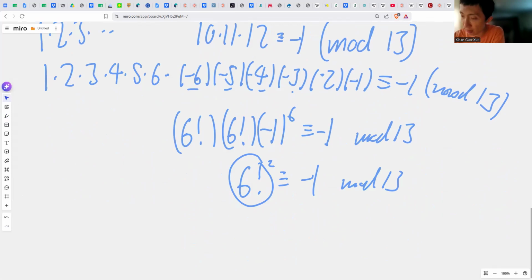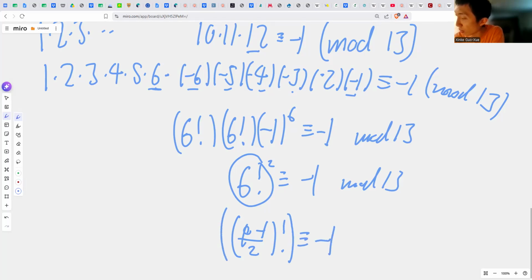How did we get 6? Well, 6 is half of 12, and 12 is 1 less than 13. So it's the prime modulus minus 1, over 2. So in general, ((p minus 1) over 2) factorial squared is congruent to -1. So this number is a square root of -1.